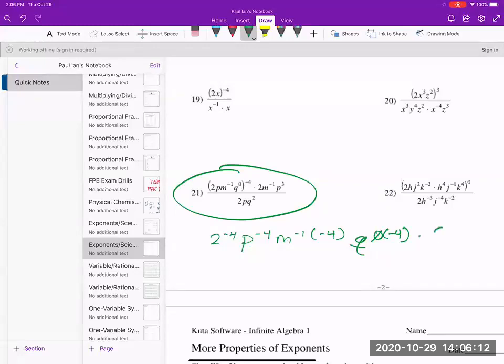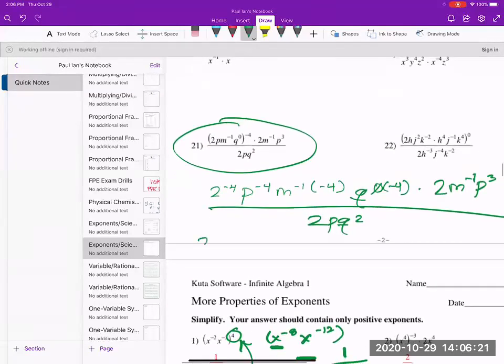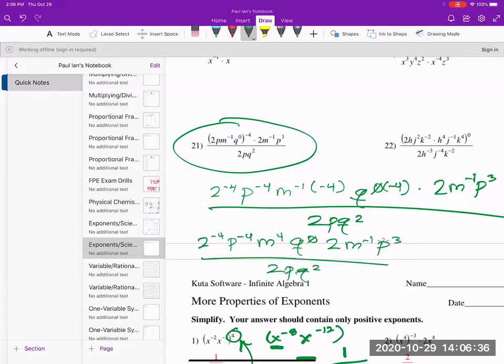And then you times this by 2, m to the -1, p to the 3rd, 2pq squared. All right, so let's try to write that. 2 to the -4, p to the -4, m to the 4th, q to the 0, 2 to the p 3rd, 2pq squared. Okay, what do you do now?